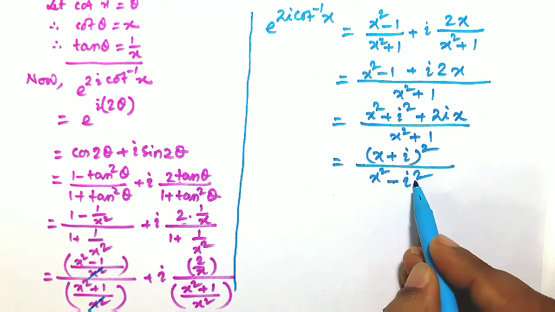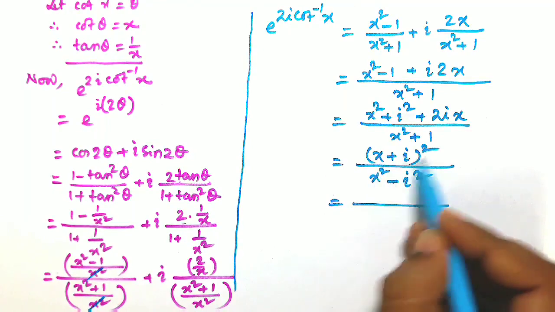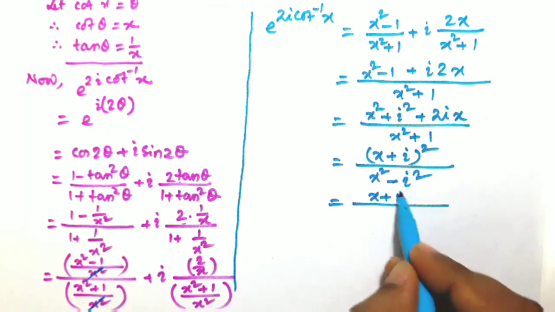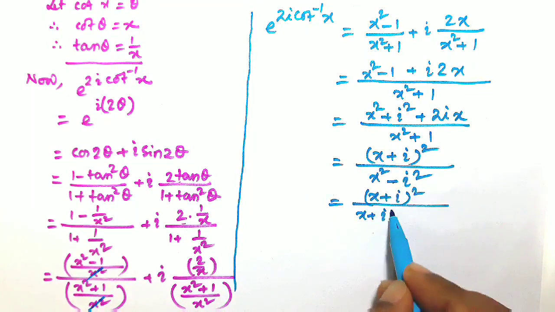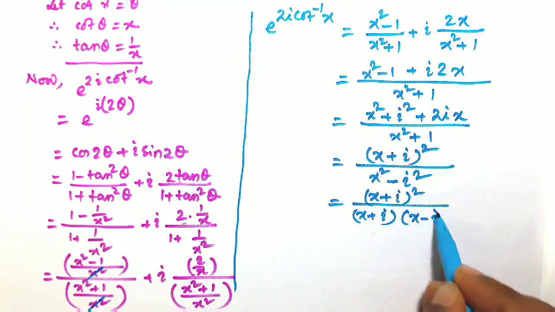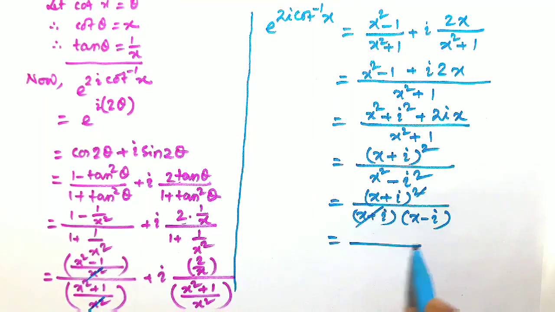So minus of minus 1 is plus 1. So friends, this can be written as usual x plus i whole square, and the denominator is now x plus i into x minus i. So one x plus i is cancelled. So we have now x plus i upon x minus i.